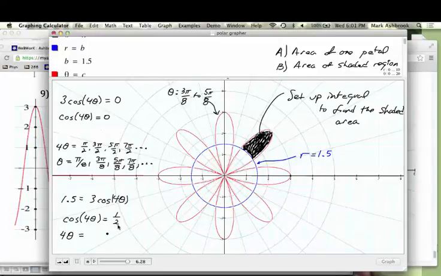Okay, 1/2 would be pi over 3. We're saying plus or minus 1/2? Did you divide 1/2 by 3? Yeah, because this circle is crossing through where r is 1.5 and negative 1.5, right?